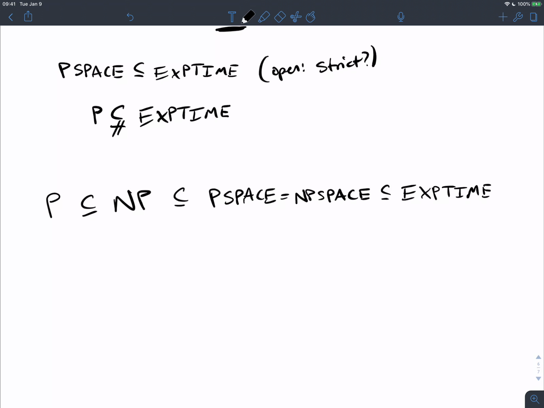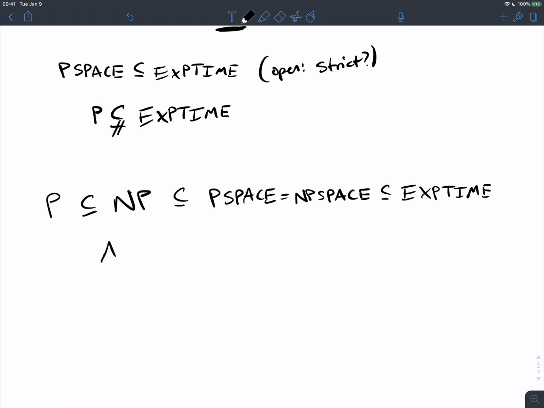We don't know for each one of these containments whether or not they're strict. I don't know if P is different from NP. I don't know whether NP is different from PSPACE, and we don't know whether PSPACE is different from EXPTIME. But what do we know now? They can't all be equal here. So at least one of them must be a strict containment, but we don't know which.